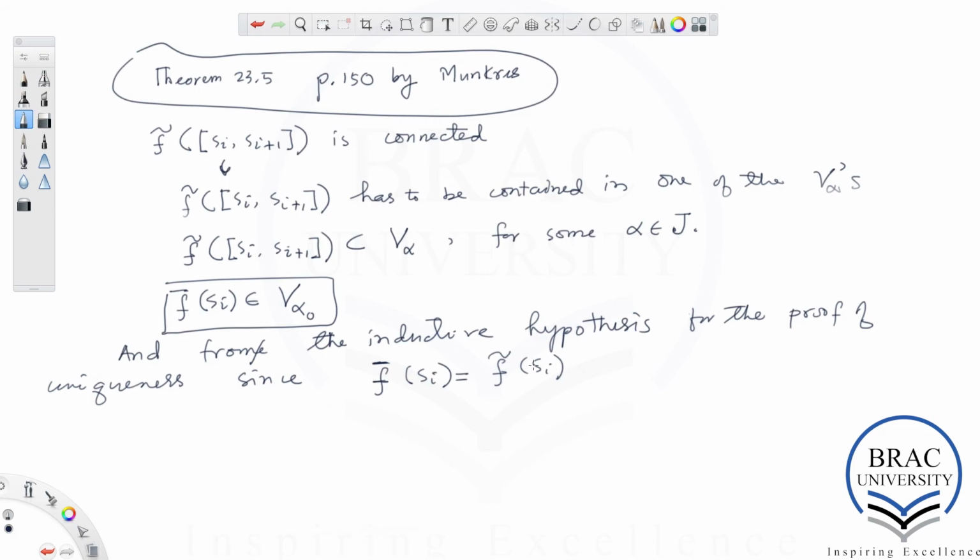So this follows from the inductive hypothesis.